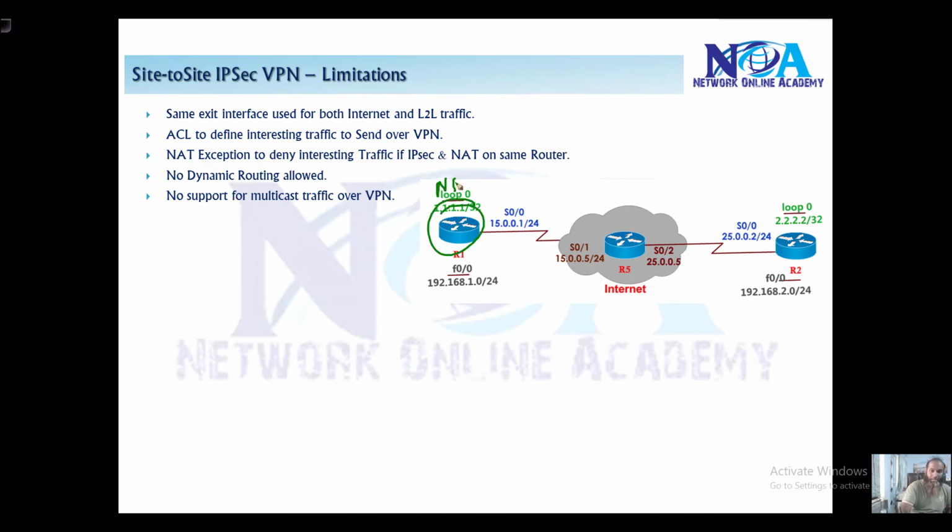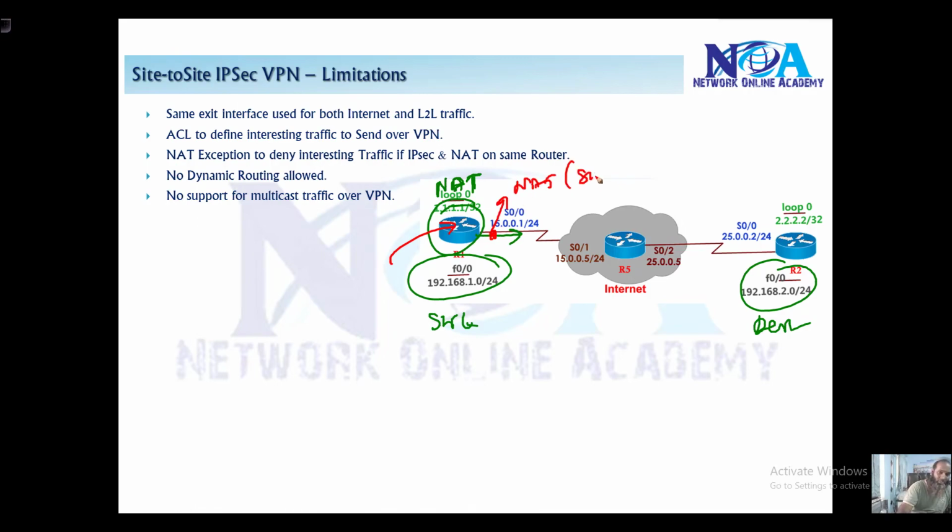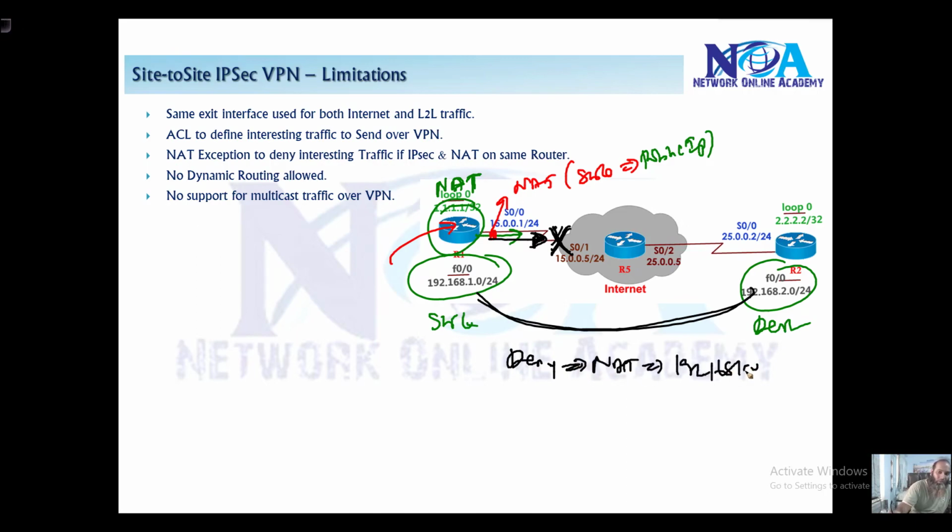And again, the issue comes with NAT, because when you are trying to send traffic from source to destination, when it is leaving the interface, if you have NAT enabled, it will change the source address. So the source address will change to some public IP. Again, that can create a problem for your VPN, because the same interface is used for internet traffic as well as your LAN traffic. We also need to write a deny statement in the NAT interesting traffic, to ensure that if the traffic is going from 1 dot network to 2 dot network, it should not get translated.